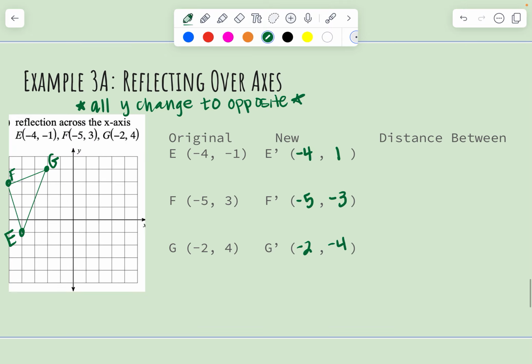So let's look at what the new one looks like. Our new E, or our E prime, is going to go there. F prime, negative 5, negative 3 is going to go here. And G prime, negative 2, negative 4 is going to go here.